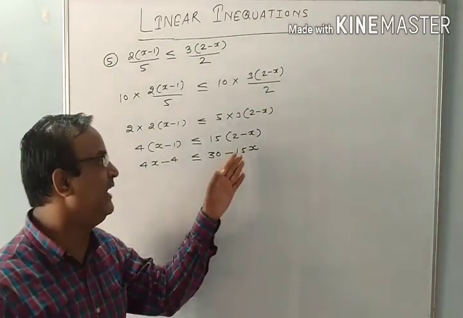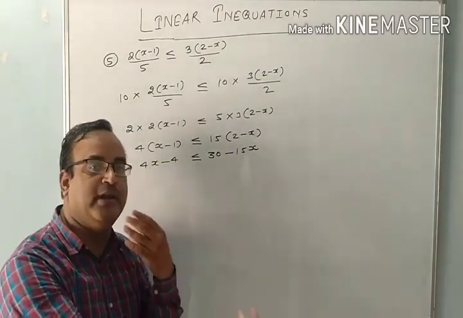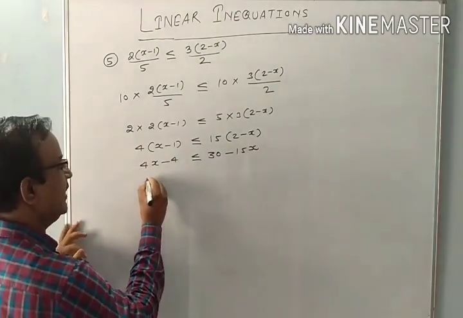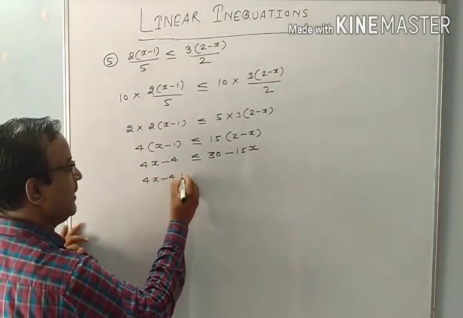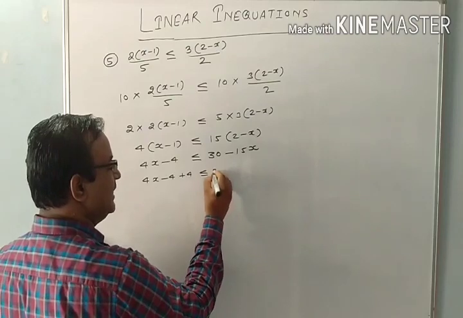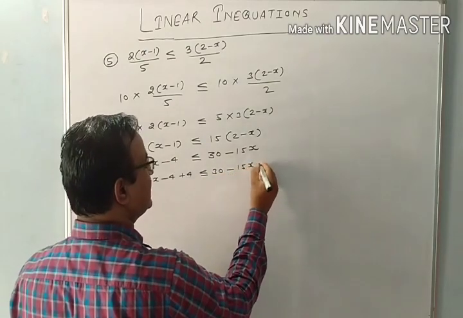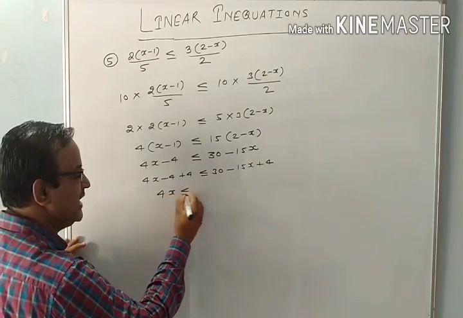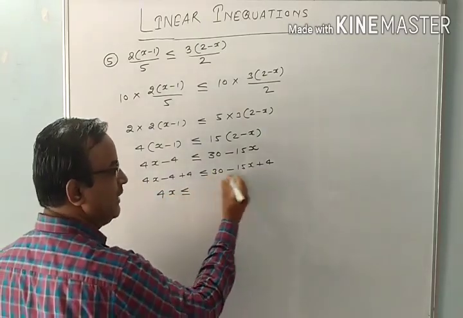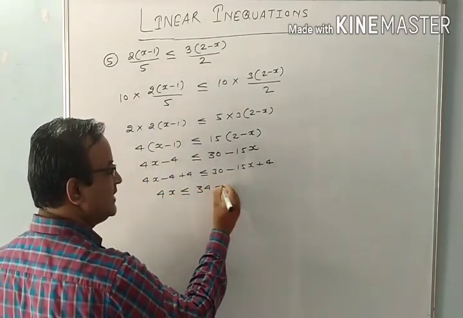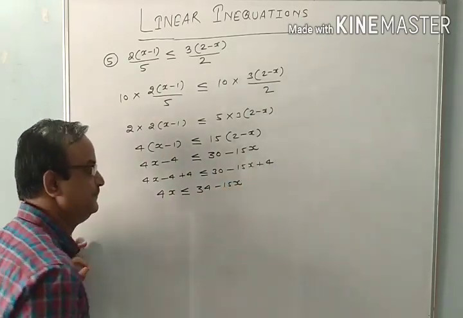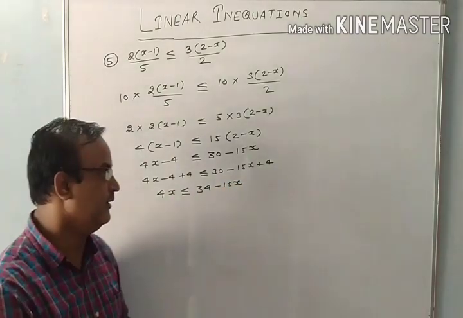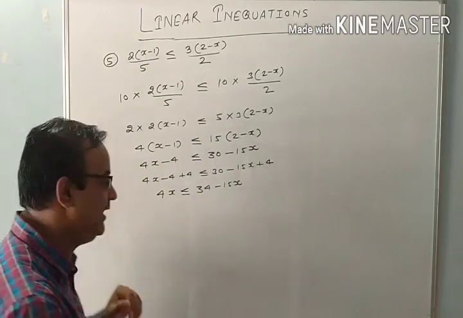So we will try to write x on one side and the numerical value on the other side. So we write 4x minus 4 plus 4 is less than or equal to 30 minus 15x plus 4. The 4 cancels out. It is 4x is less than or equal to 30 plus 4, 34, minus 15x. Now we will add 15x to both sides.